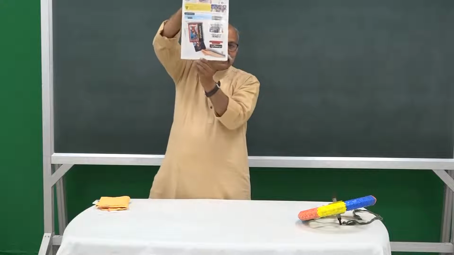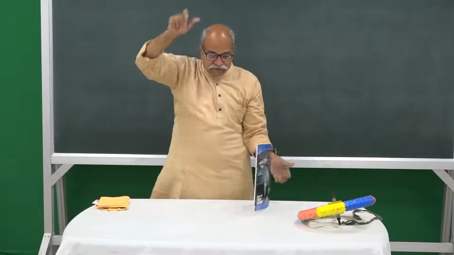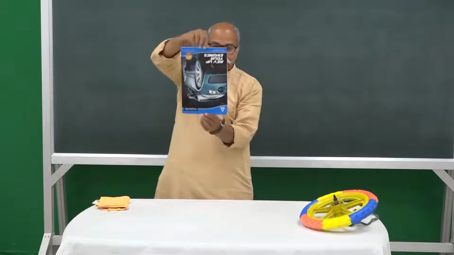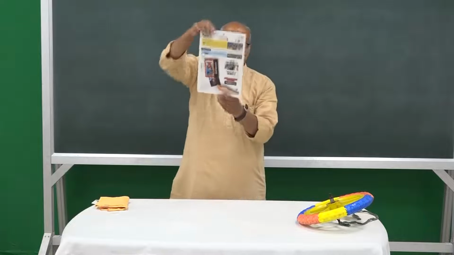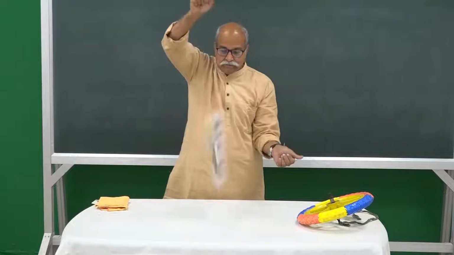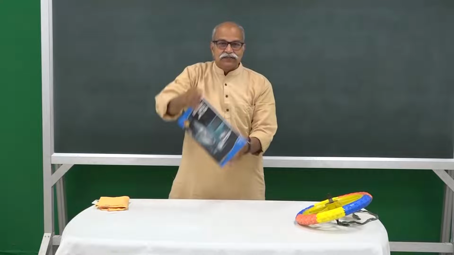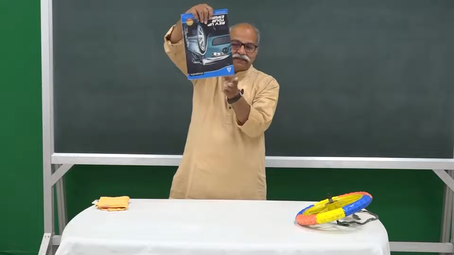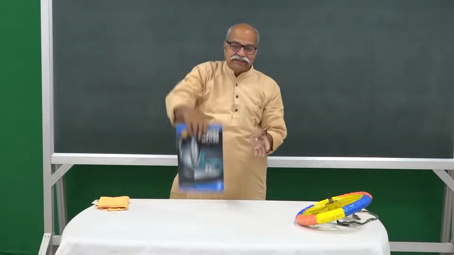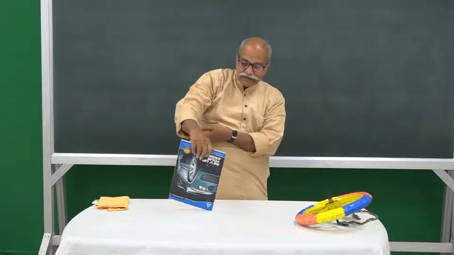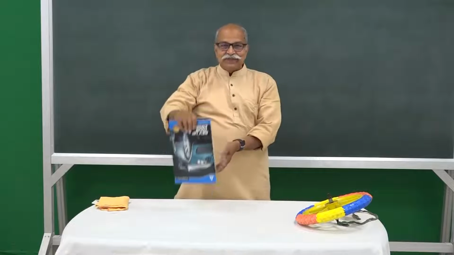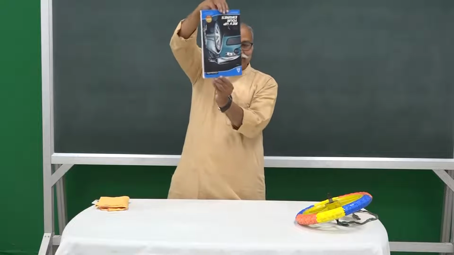Careful. Okay. So, all the time you are seeing that this edge is hitting the table. The whole thing may not hit, it may go like this or like this, but this edge is hitting. Once again.